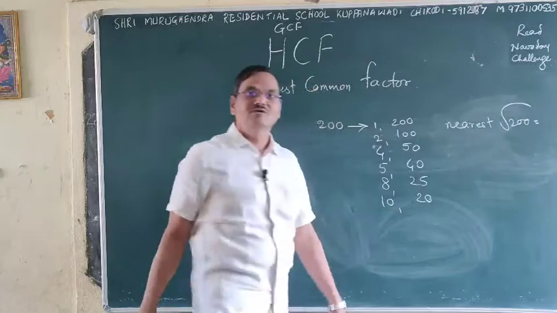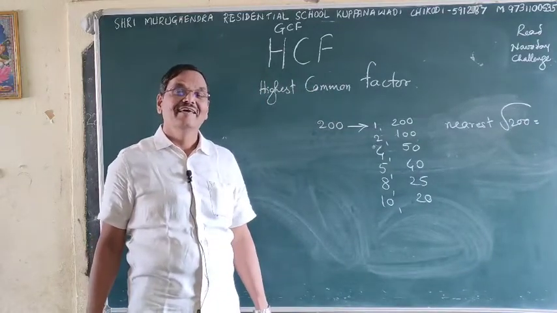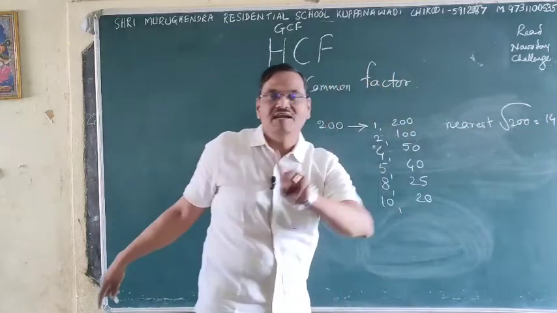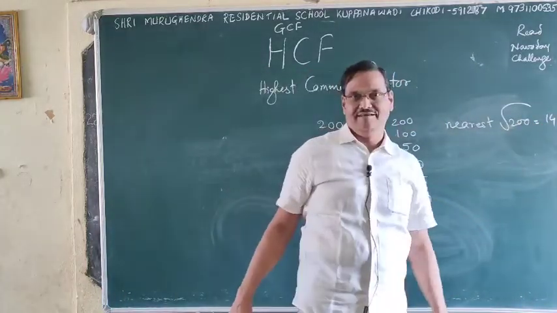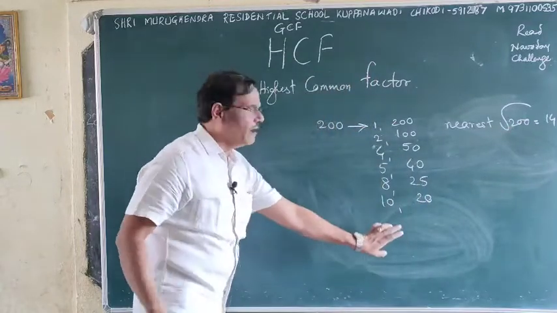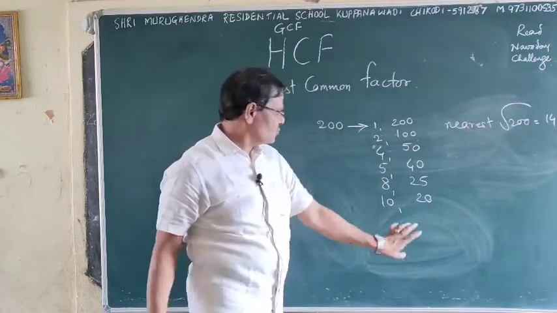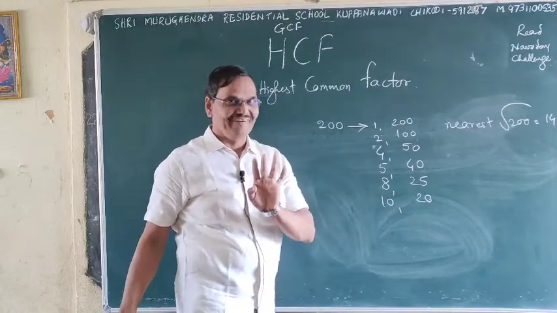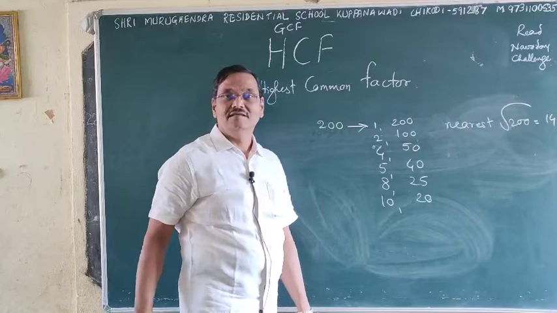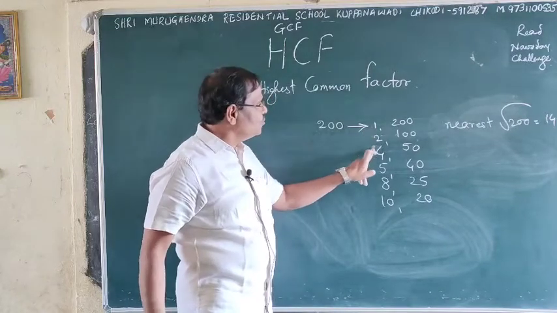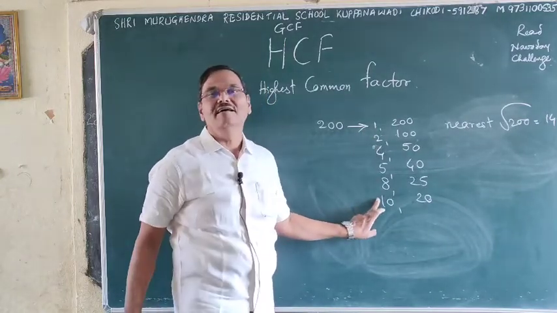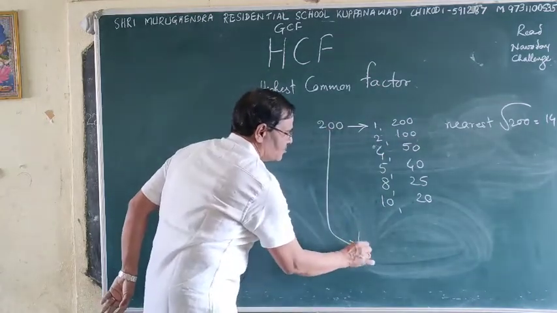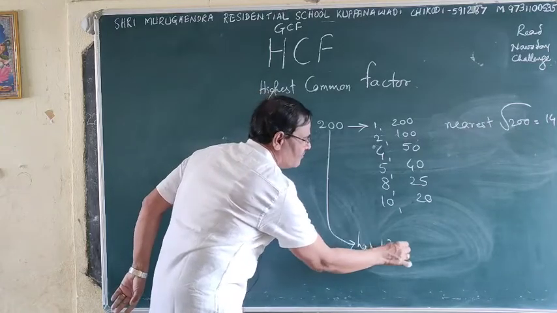See, 14 squared is 196. 200 falls between 14 and 15. So up to 14 you have to check. You should not go for 15, 16, 17, 18, 19. Okay. Then how many factors does 200 have? 1, 2, 3, 4, 5, 6 and these 6. 200 has 12 factors.